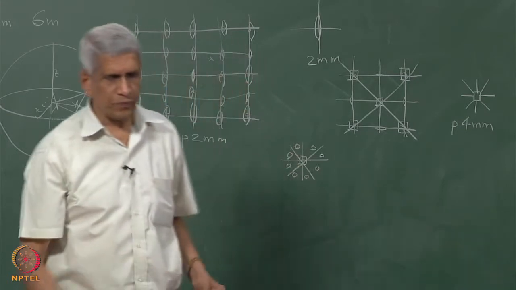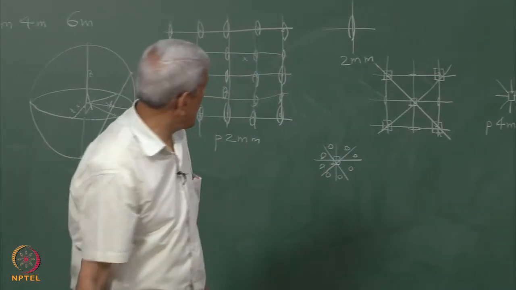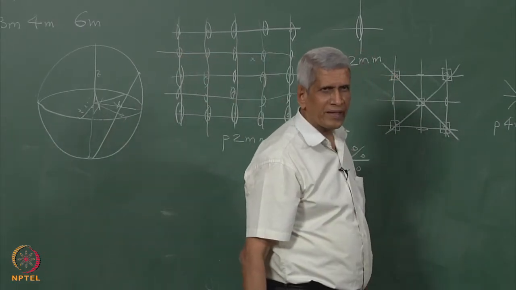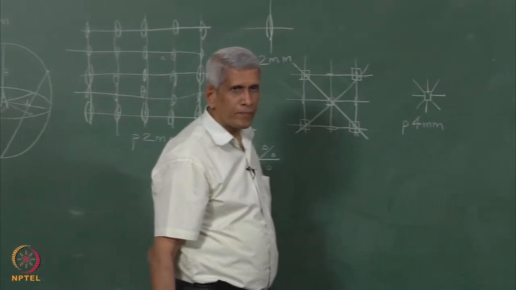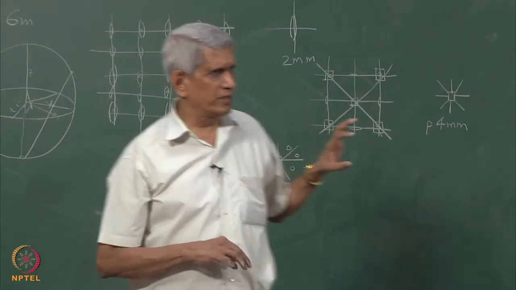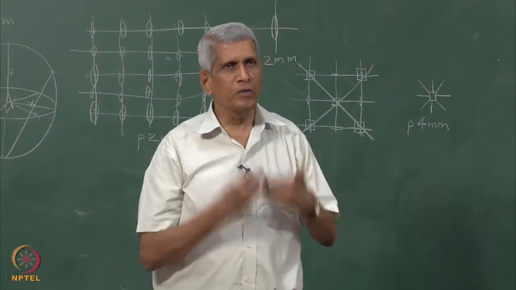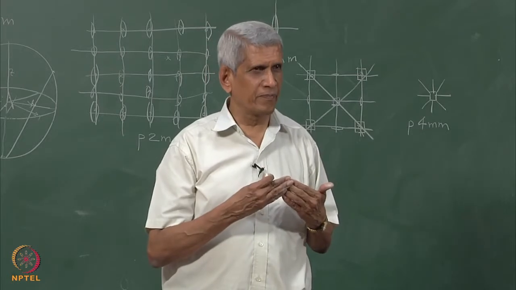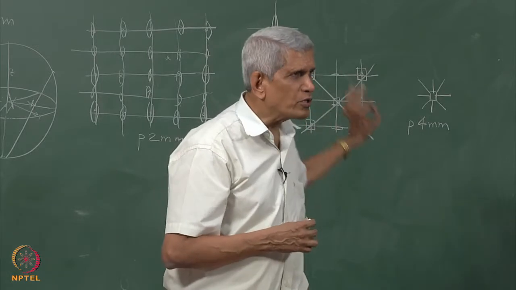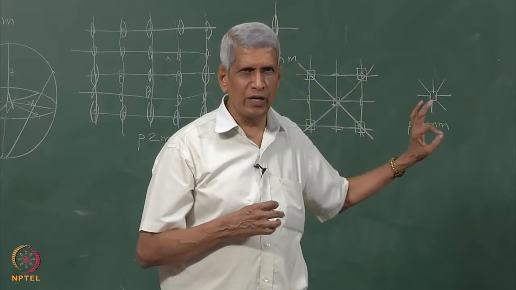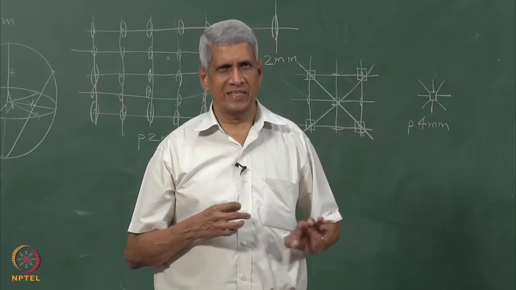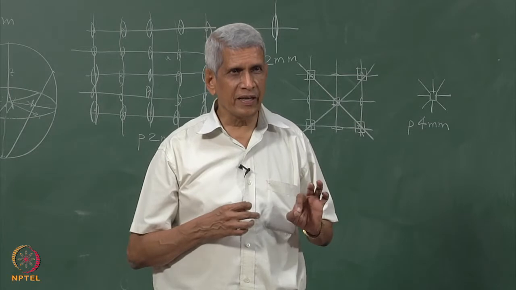If I take this and put it here, then what will happen? With respect to the lattice, the motif which I have chosen, all its symmetry elements match perfectly, correct? Then only putting one motif at that point is good enough to satisfy the full symmetry of the lattice. Is it clear?